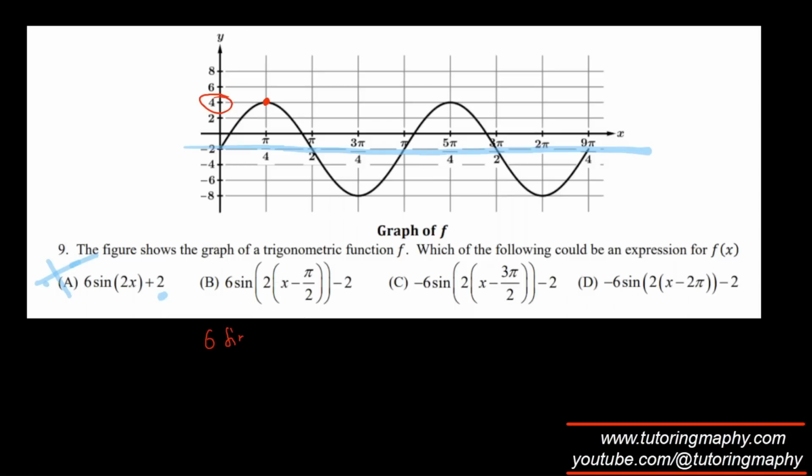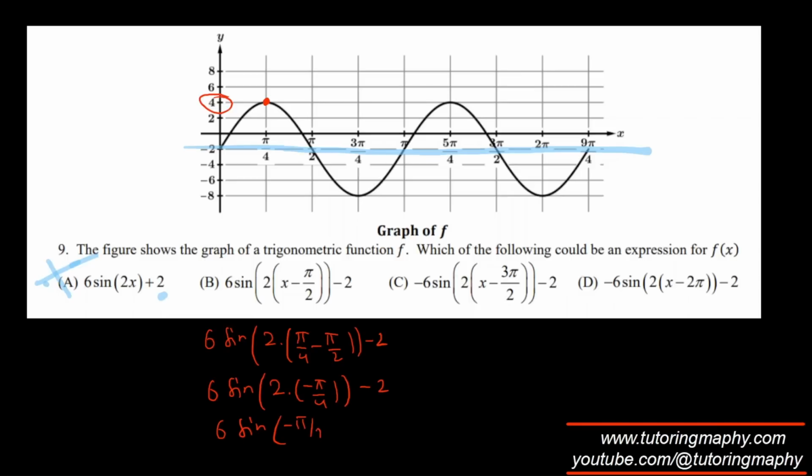So that's going to be 6 sine 2 times pi over 4 minus pi over 2 minus 2. So 6 sine 2 times negative pi over 4. So it will be 6 sine negative pi over 2 minus 2. And sine of negative pi over 2 is negative 1. This will become negative 6 and this will become negative 8. Well, that doesn't make any sense because it is definitely not negative 8 at pi over 4.